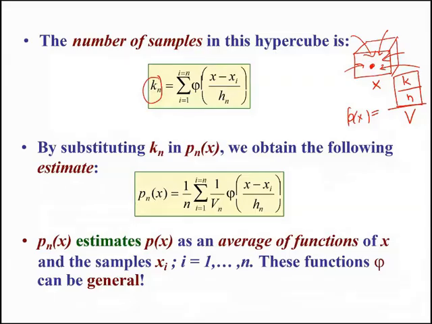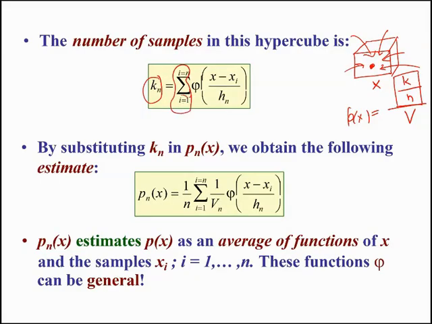Now to count how many of the given n samples fall in this box, we run this function over all the samples which are available to us, which I can call training samples. I'm just doing the counting, so I will be using this summation here.